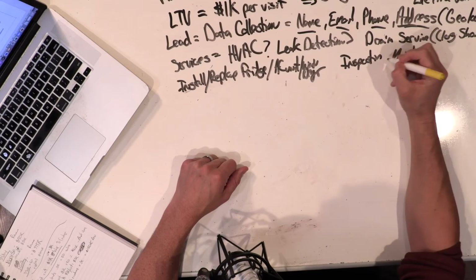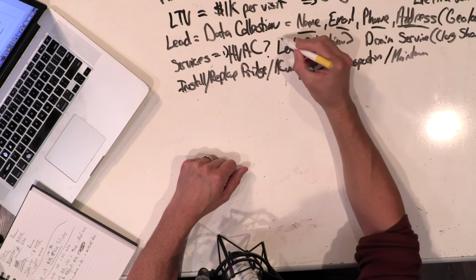In this scenario, we're going to have to capture information to figure out what you need. Each plumber could offer all these services. They may offer only certain services. We don't know, right? These are the things we need to learn. If we really dive into this business, I will guarantee you that of these things, HVAC, leak detection, drain services, one of them is going to be more common than the others.